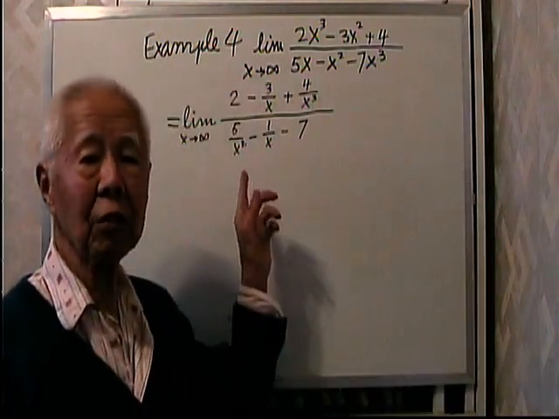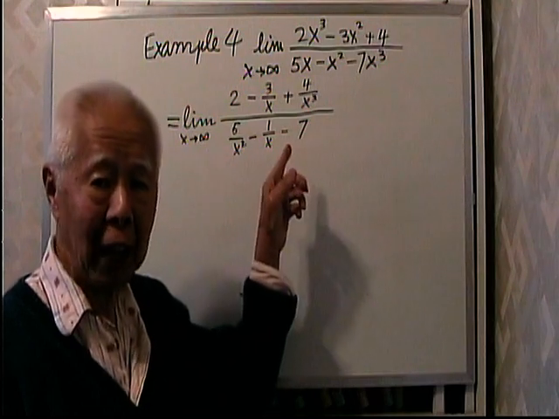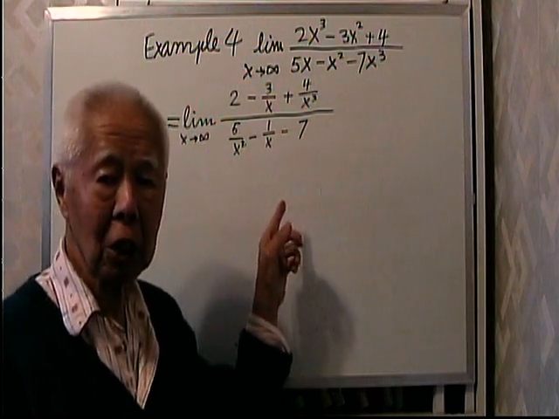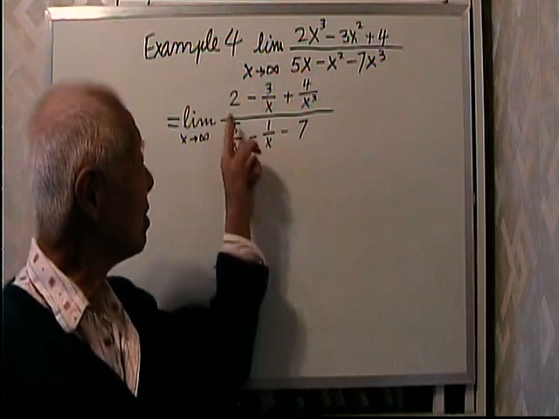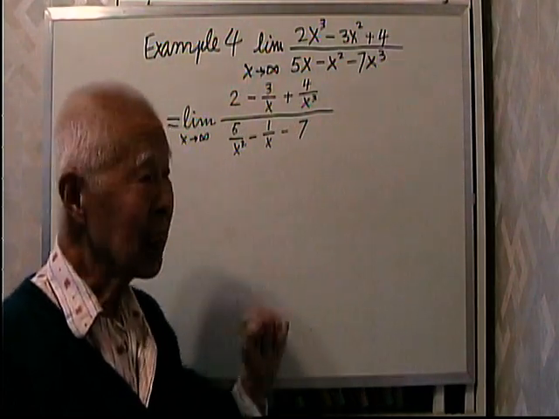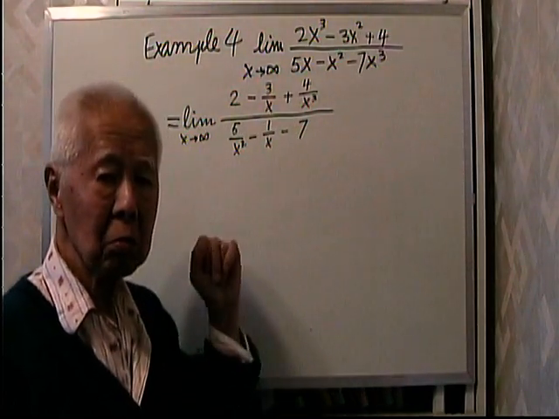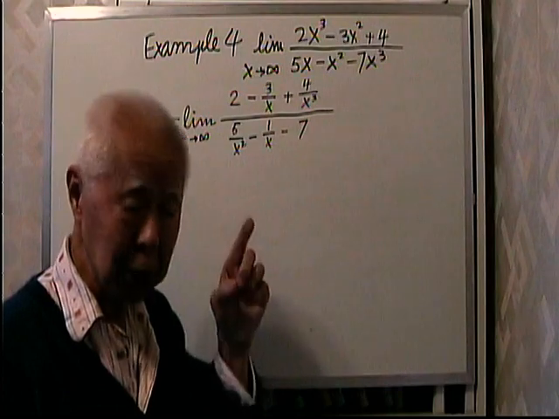This is the result of dividing the numerator by x cubed and the denominator by x cubed. Okay?